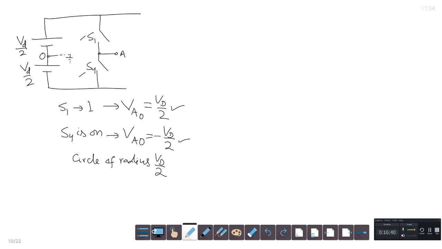In space vector PWM, there are 6 active voltage vectors. So, let us draw it.